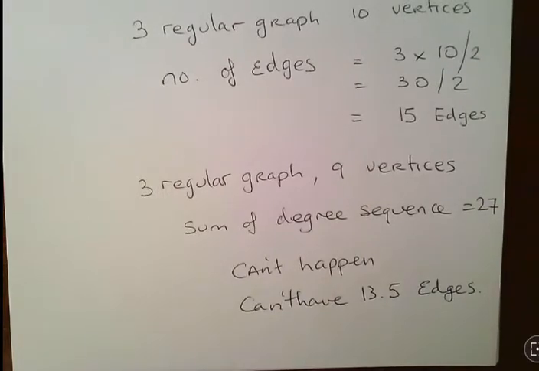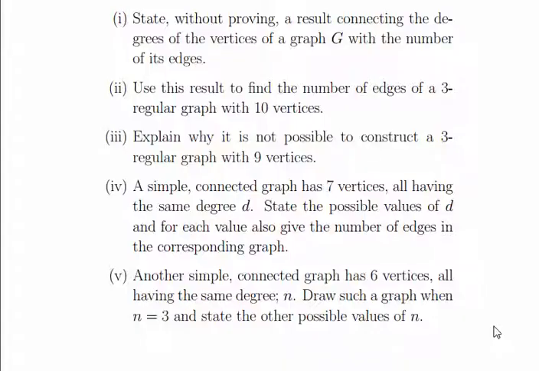So let's go back to our question sheet. A simple connected graph has 7 vertices, all having the same degree d, so it's d-regular. State the possible values of d, and for each value also give the number of edges in the corresponding graph. It's important to remark that it's a simple connected graph, so we have to have at least degree 2.